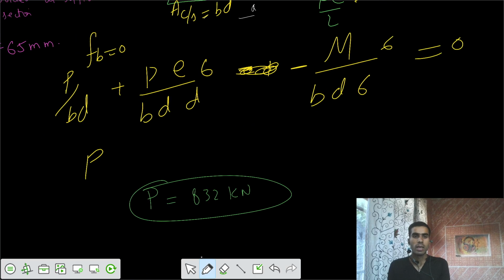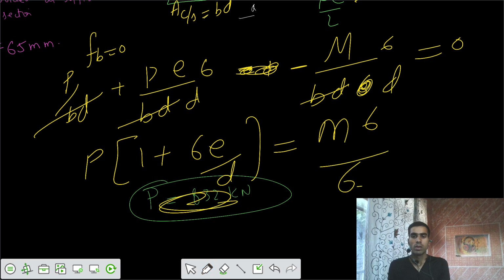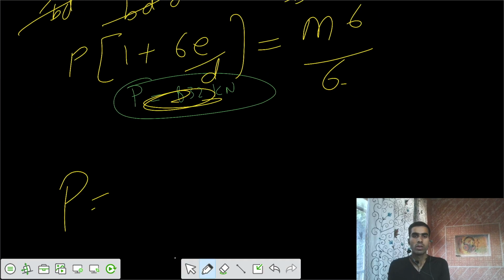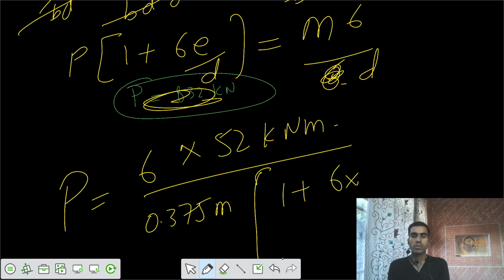BD goes in every term. So you are left with P times (1 plus 6E by D) equals M times 6 by D. So your equation finally becomes P equals 6M, where M was 52 kilonewton meters, divided by D, which was 0.375 meters, and you have to divide this entire part by 1 plus 6 times eccentricity.